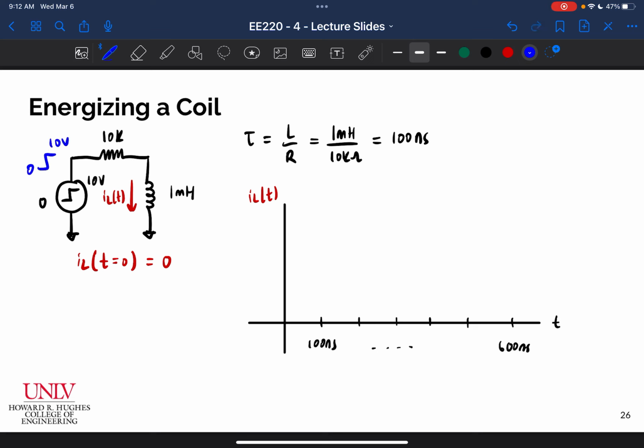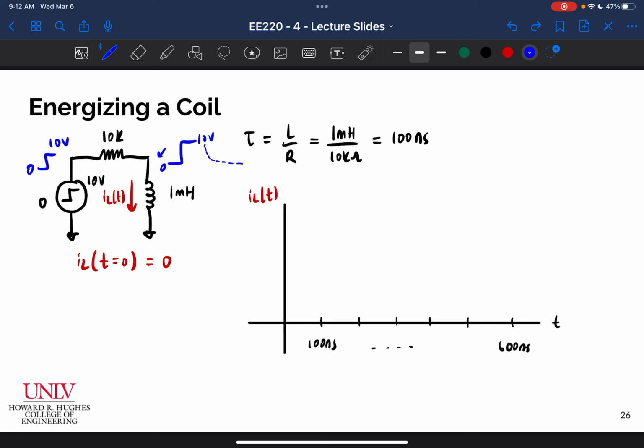My inductor current cannot change instantaneously, so this node is also going to jump from 0 to 10 volts. Then this voltage will bleed off exponentially as this current rises exponentially.